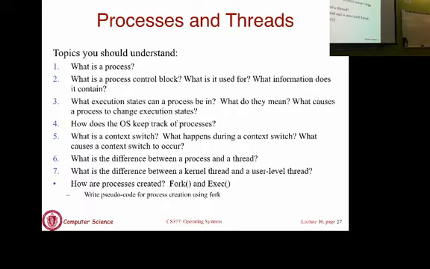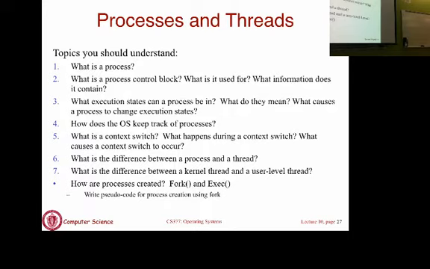Now, there are many reasons why a context switch may occur. A process that is executing may decide to do I/O. In this case, it is blocked on I/O, so there is no reason to let it run on the CPU. It's not going to be able to execute anything, so you can context switch to another ready process at that point. Or the time slice of a process may end, so you have to suspend execution of that process, save its state, and resume execution of another process.